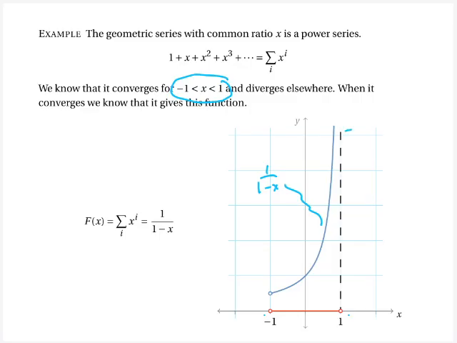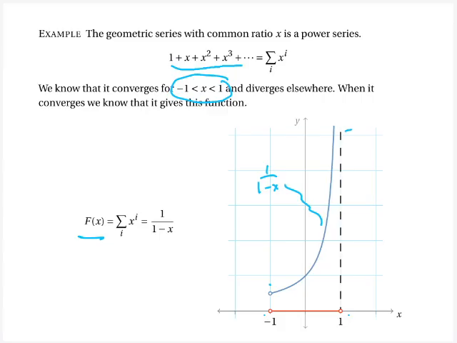So there it is, there's the vertical asymptote. And at the other end, we just find that it is just simply not defined. The function capital F is just simply not defined at -1. 1 over 1 minus x is defined at -1, but the sum of these is just simply not defined at -1.